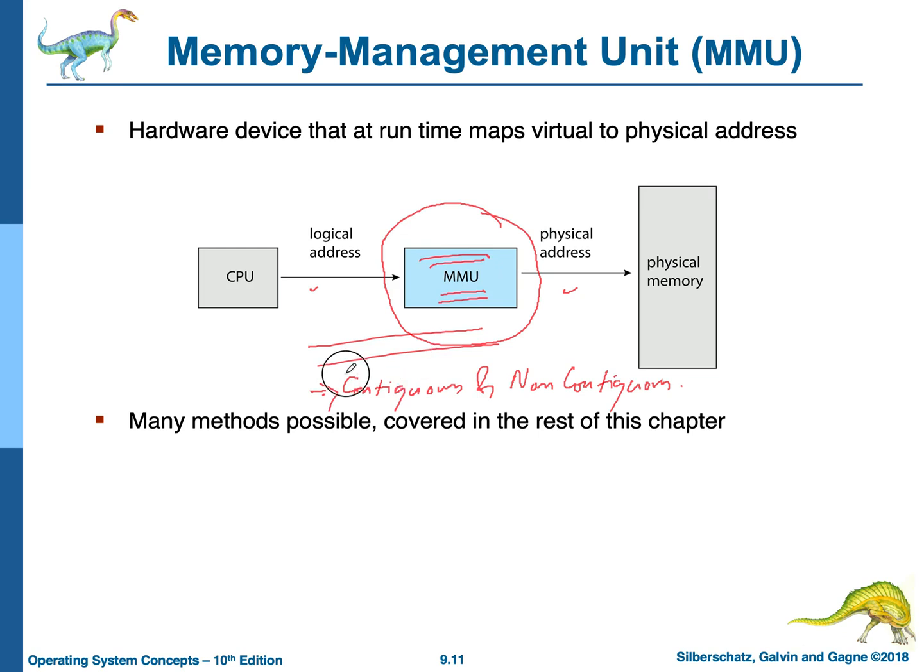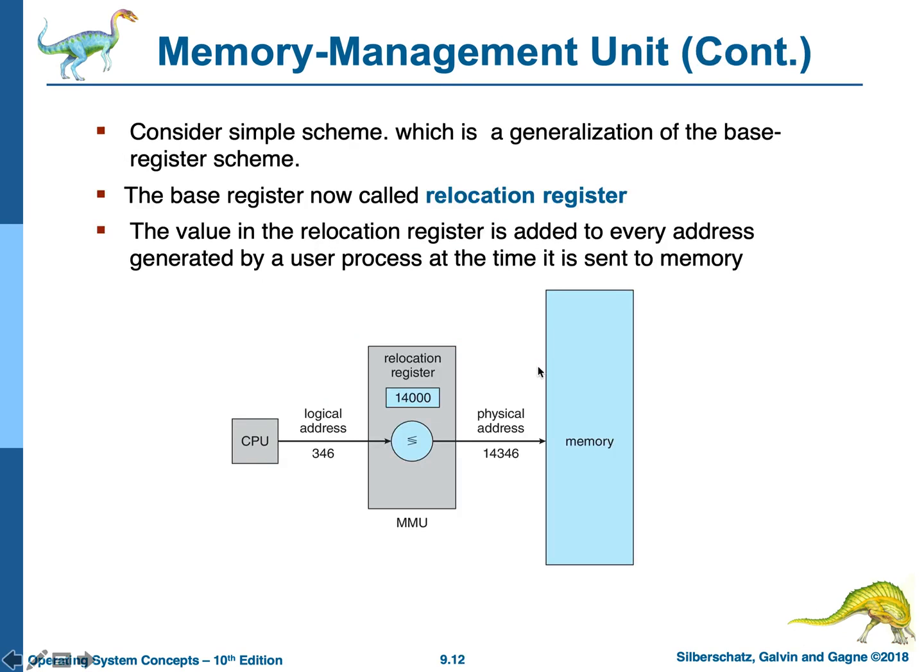There are two types of memory management schemes, memory allocation schemes. The first is the two categories, basically the contiguous and the non-contiguous, which I have already shown you in the introductory slide. Okay, so now how is this memory management actually achieved?